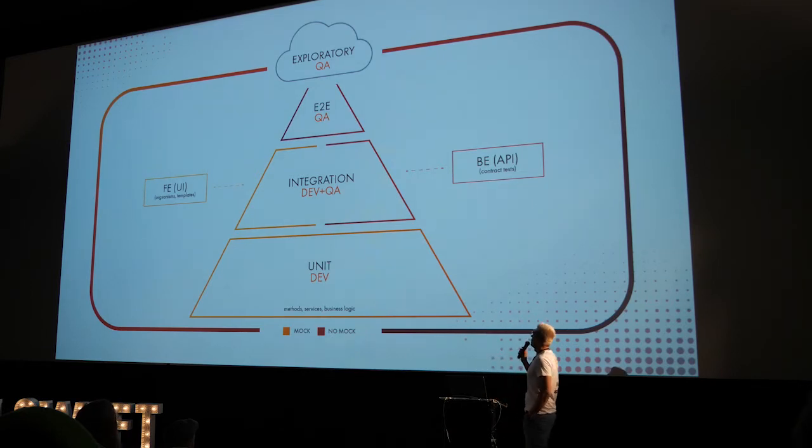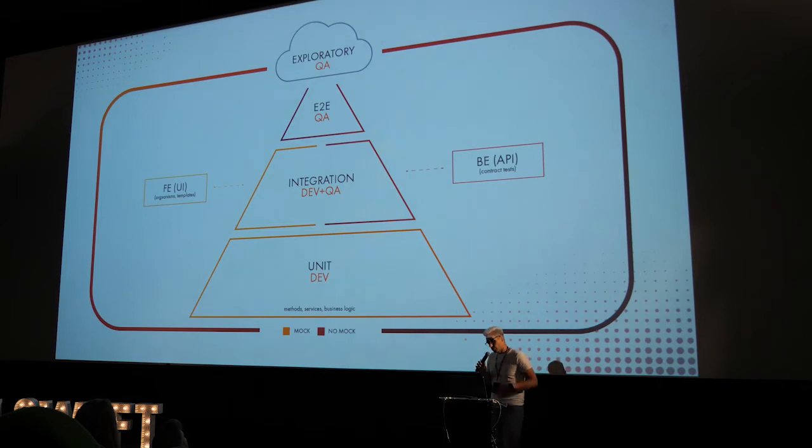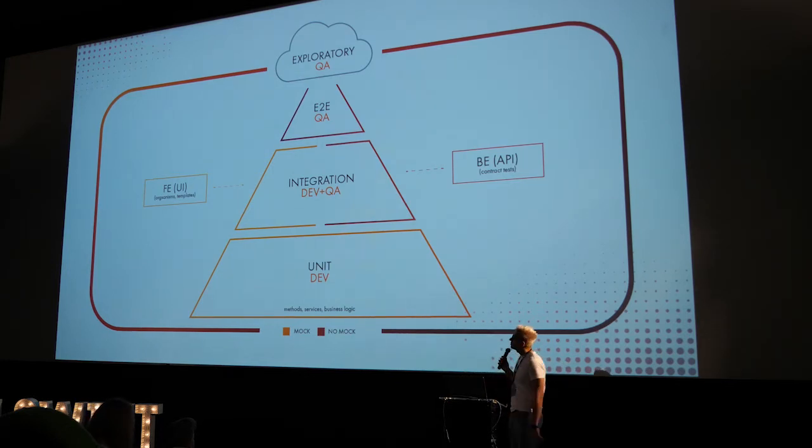And almost at the top of the pyramid, we have end-to-end tests. Again, in the case of mobile, we can say it's a UI test, but with the real backend. In the middle, we can use some mocks for our UI tests, but with end-to-end testing, we should not.